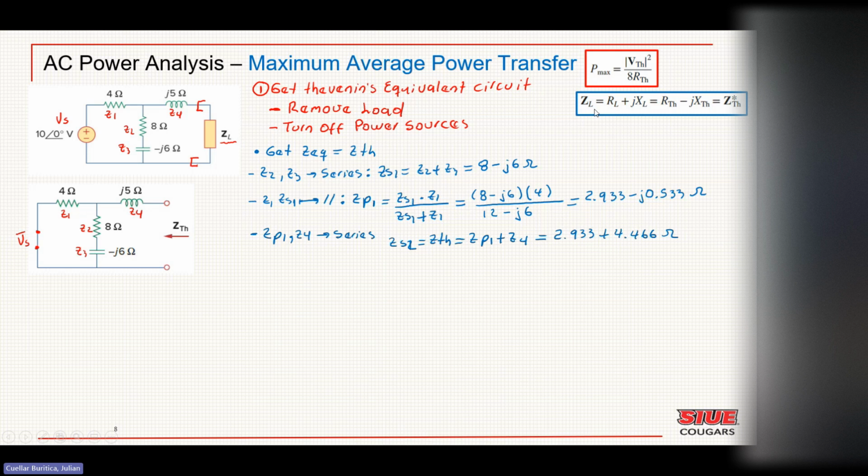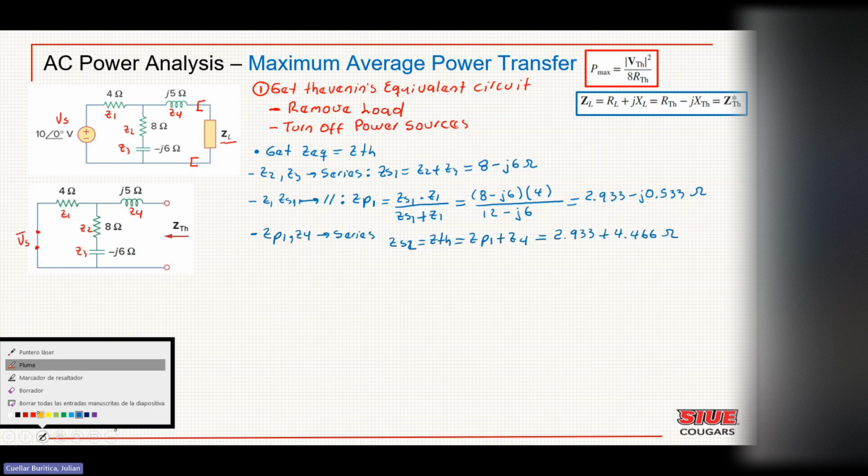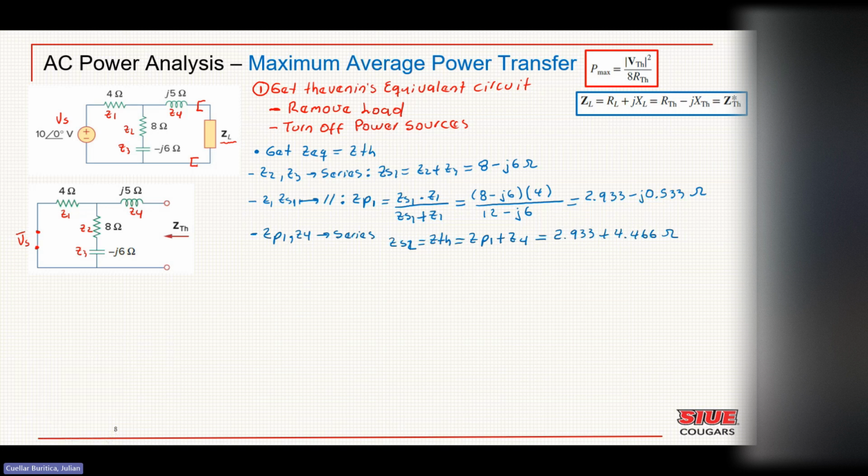for our load impedance. Then from here, we can say, and this is what you expect me to write, that ZL is going to be equal to the complex conjugate of Z Thevenin. It means that it is going to be equal to 2.933.